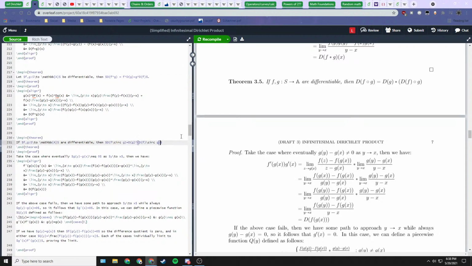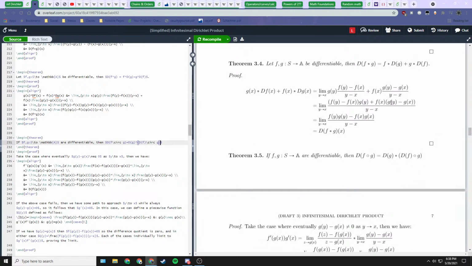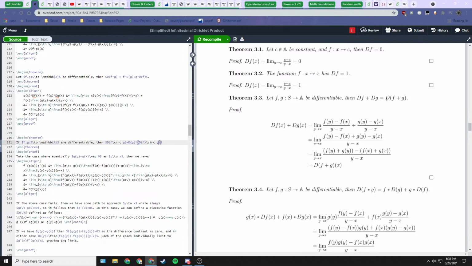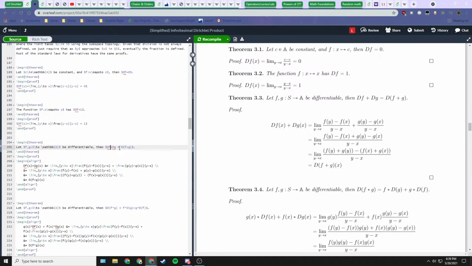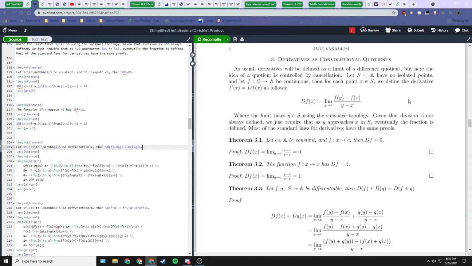This one's missing a parenthesis for some reason. No, that's right. Okay, so this looks good. I can change this a little bit. Okay, so it looks like we're good so far.